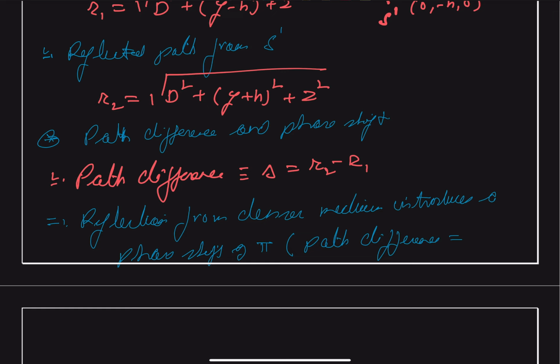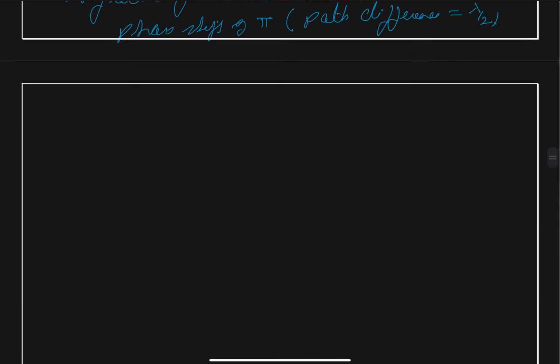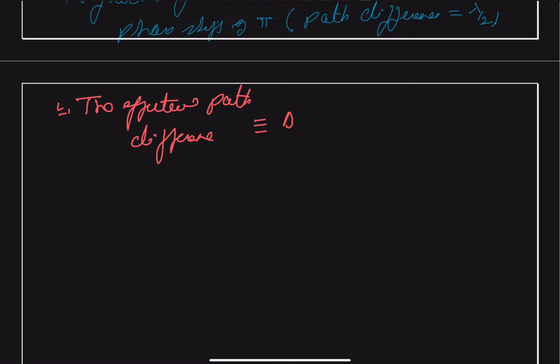Therefore the effective path difference, delta effective, will be equal to R2 minus R1 plus lambda by 2.